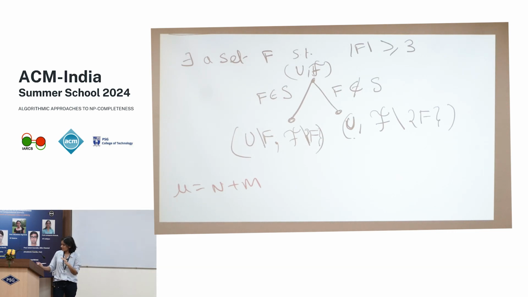Okay, so yeah, you are right. We are not just removing the set F, but we can also remove those elements of F from the other sets. So I should not write it as this.